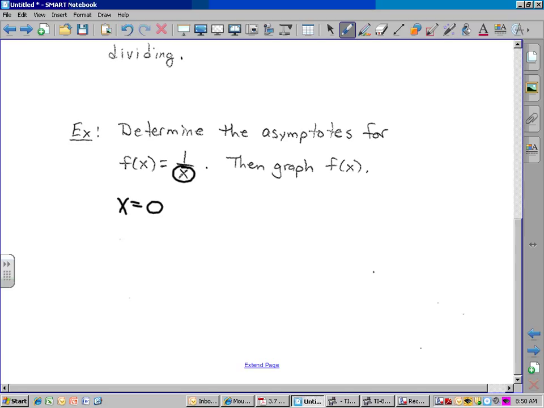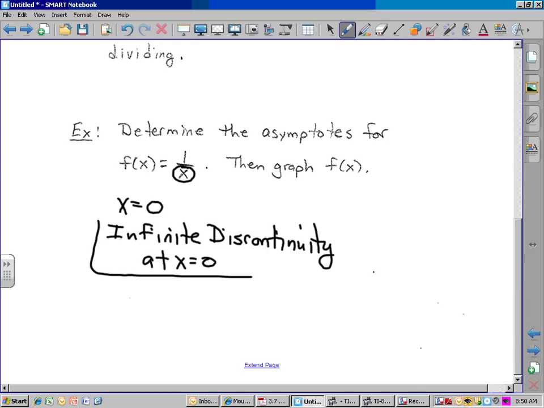If it does not cancel out, then this causes an infinite discontinuity at x equals 0. If there was an x on top and it was able to cancel out, then that would be a point discontinuity.